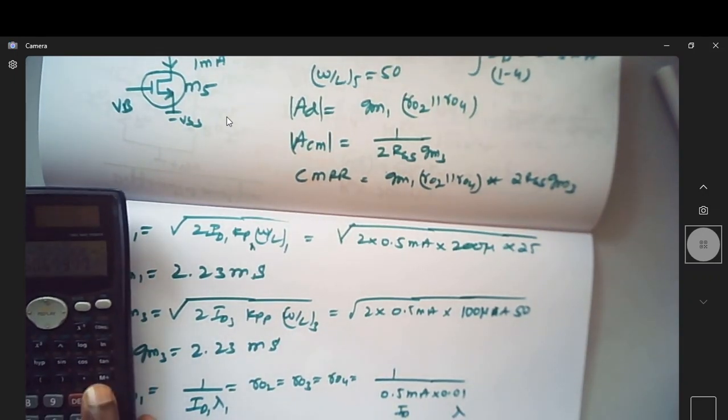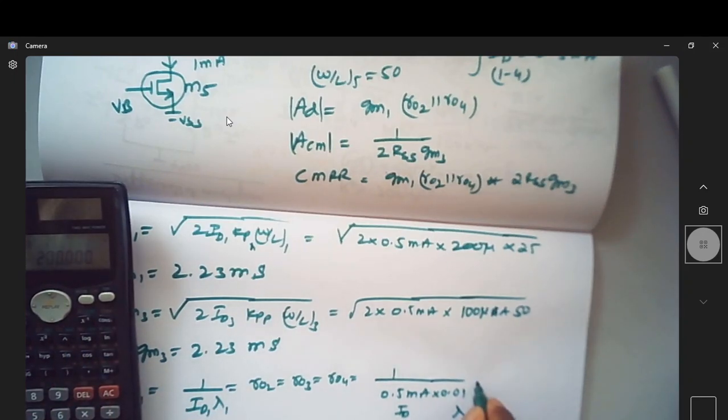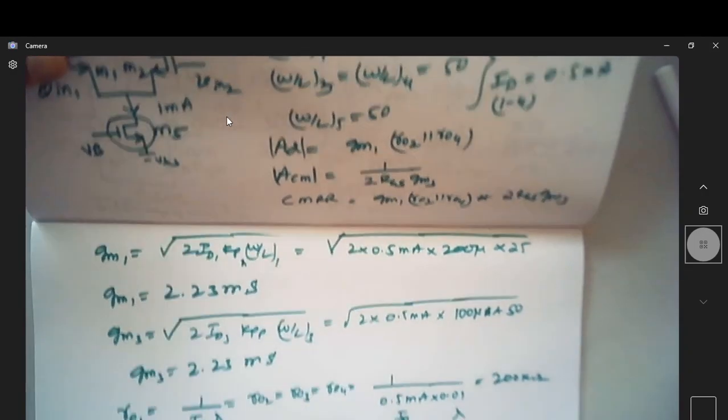If I go there, then it is 0.5 exponential minus 3 into 0.01. 1 over that is 200k. This is 200 kilo ohm. So this is my R01 to R04.